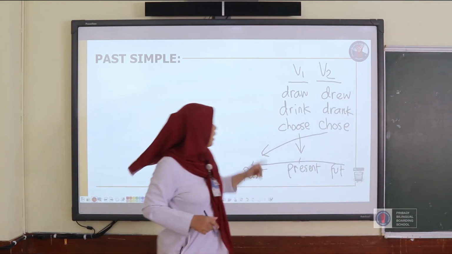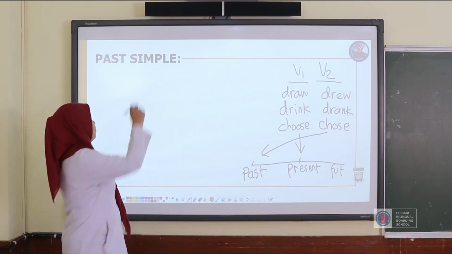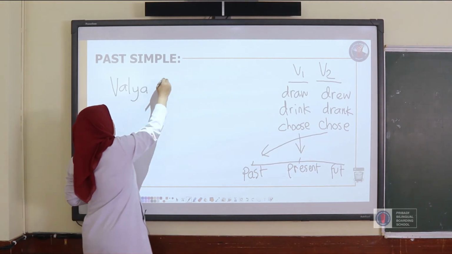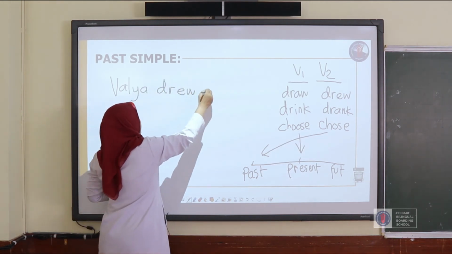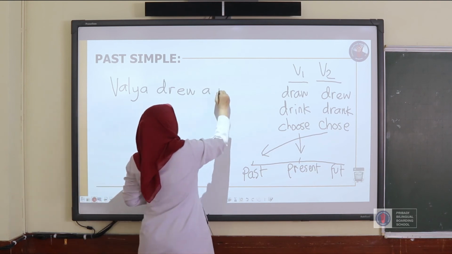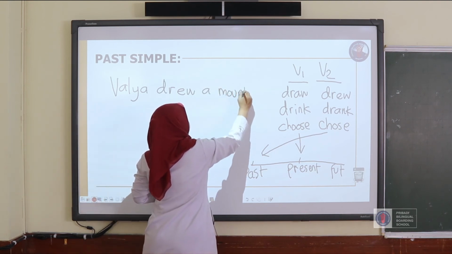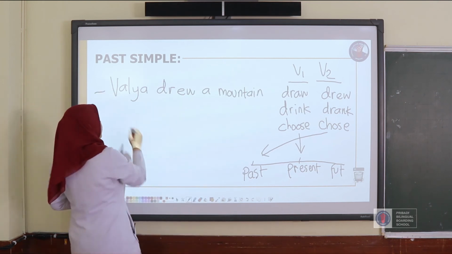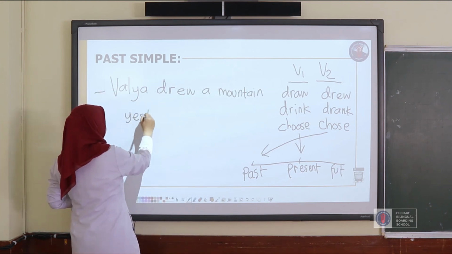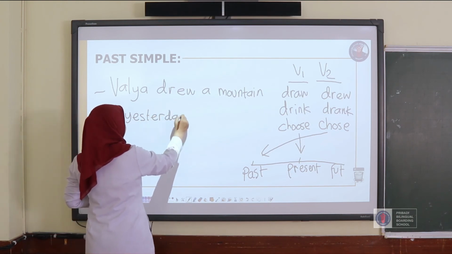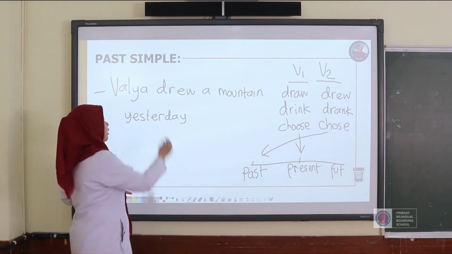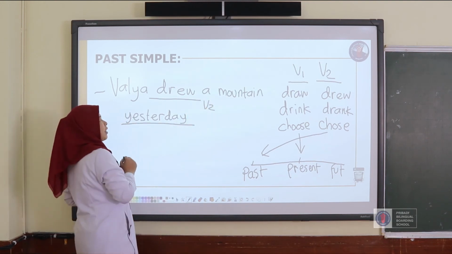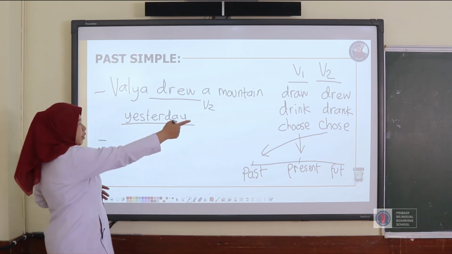Now let's use drew. Let's say, Falia drew a mountain yesterday. Don't forget the time signal, yesterday. This is very much past simple: verb 2 and the time signal for the past. Okay, next with drank.